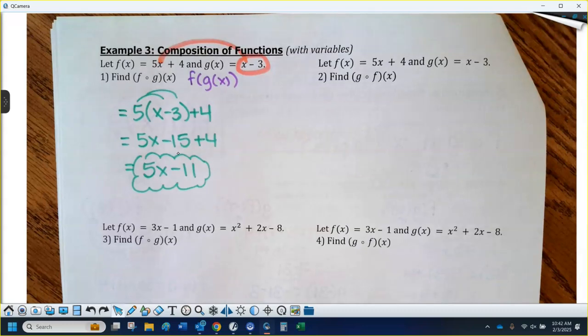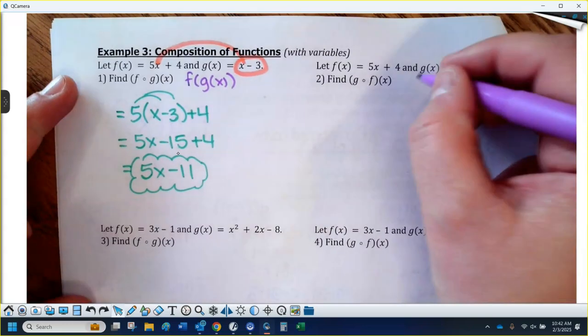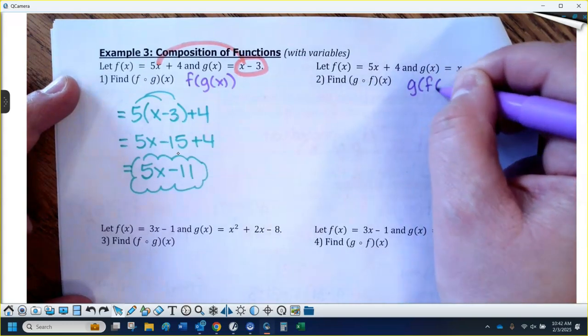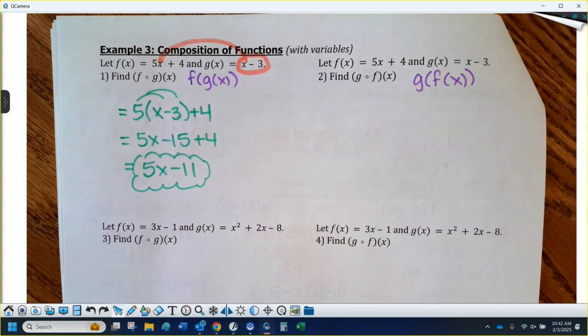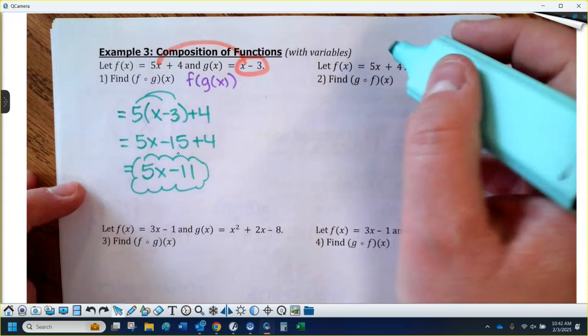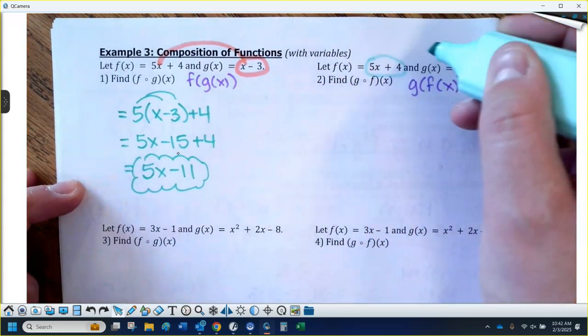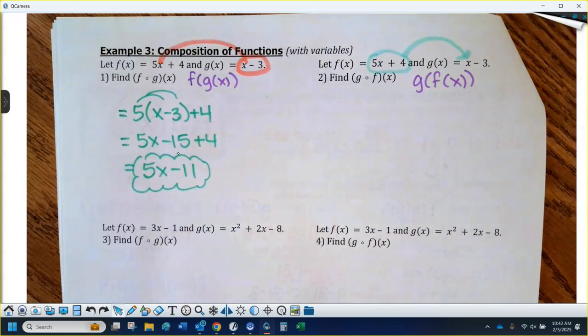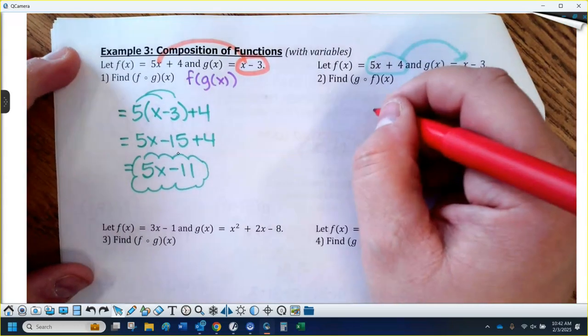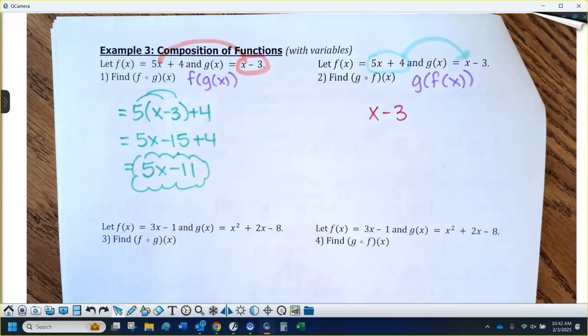Now, if it goes the other way, this one is the same 2 functions, but this is g of f of x. In this scenario, we're going to go the other way. I'm going to plug the f of x function into the g of x function, which is a little bit weird. Actually, let me write a little step here. So we have x minus 3.